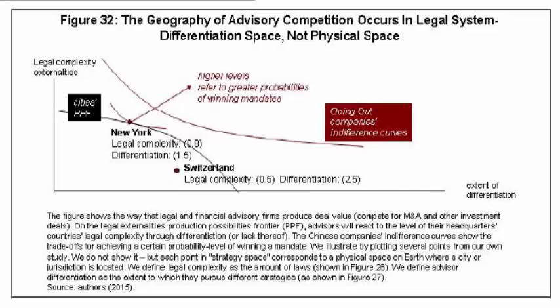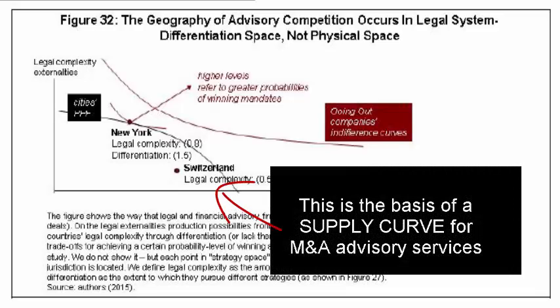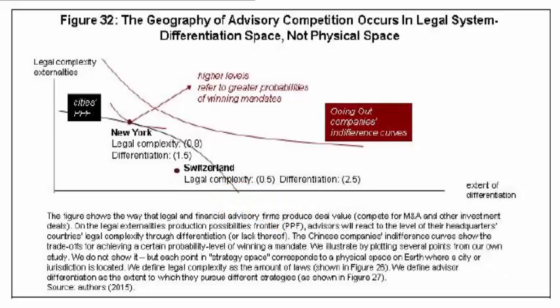Now, advisors, of course, can make a trade-off. They can rely either on this legal complexity to win Chinese mandates, or they can say, look, we're not going to do that. We're going to focus on differentiating our service offering. And we see that New York has gone on one side of the scale to focus on the complexity of its law, whereas Switzerland, for its part, has decided to focus on differentiation in order to score these Chinese customers.